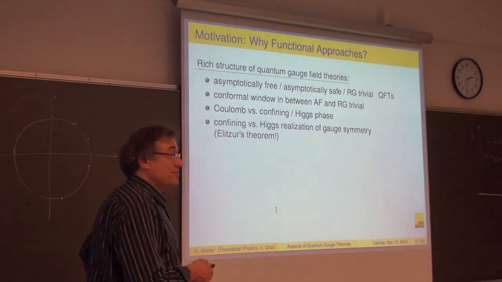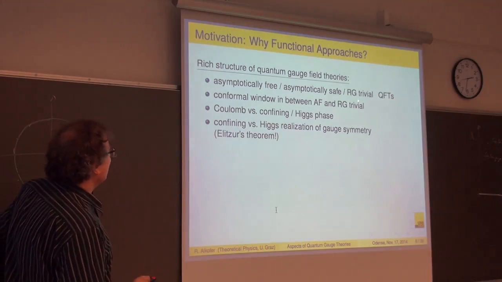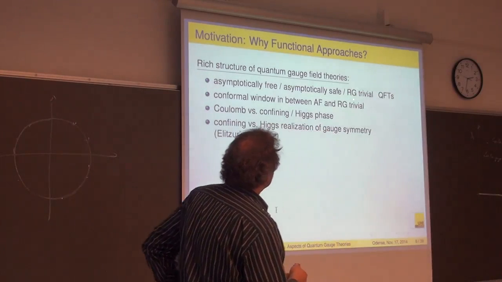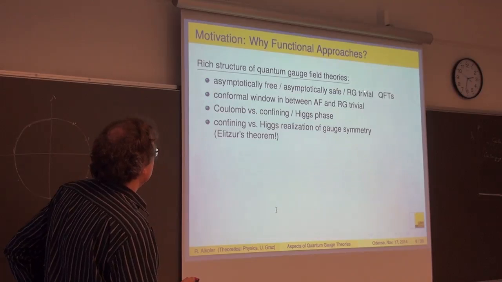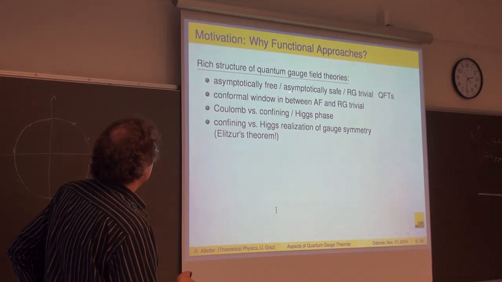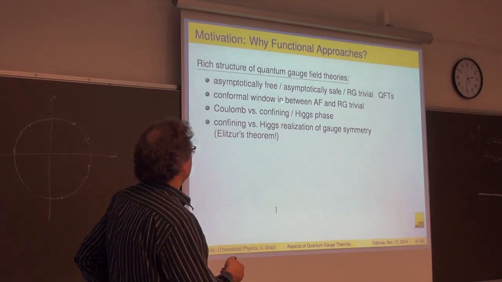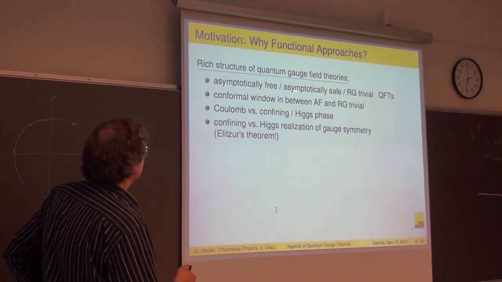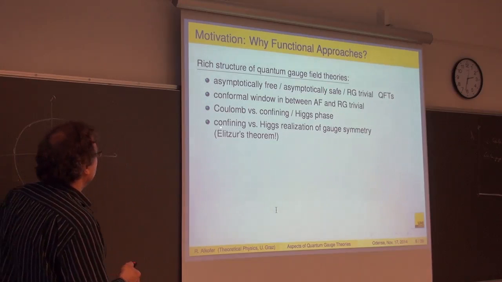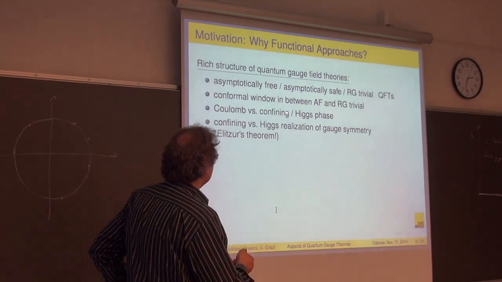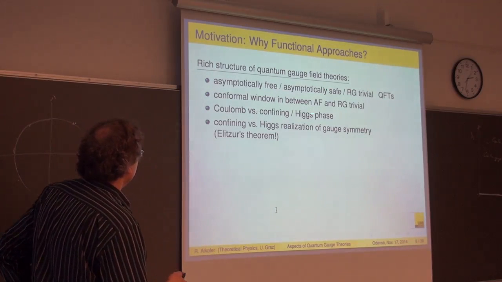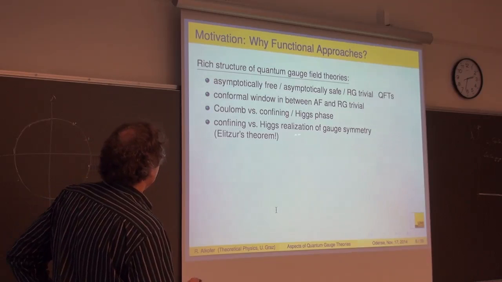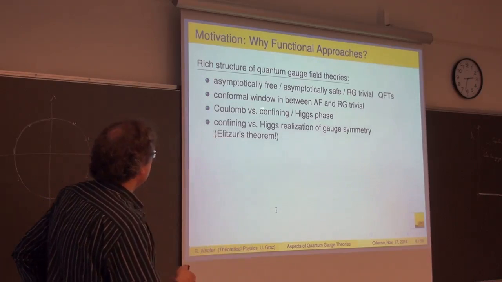QED, from the aspect of the renormalization group, is an RG-trivial theory. We know that there is something like a conformal window in between the regions of asymptotically free and RG-trivial theories. According to the content you put in, you can distinguish a Higgs phase, and sometimes a confining phase.